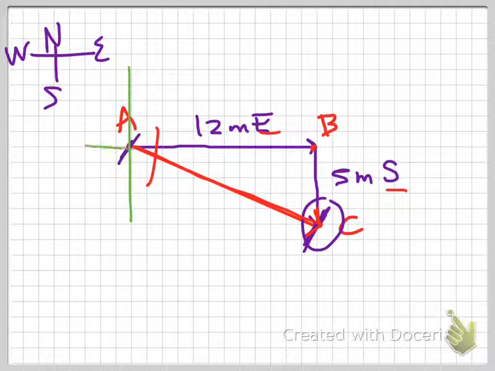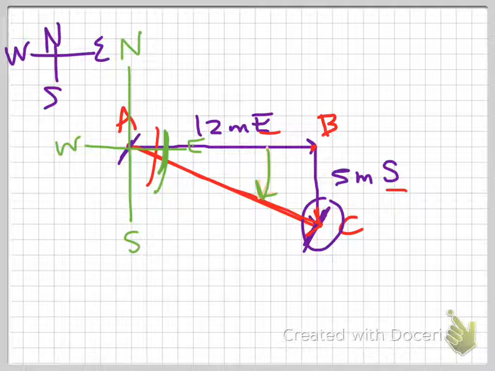I'm going to use green here. If we superimpose that compass rose on here, that vector we find is to the south from the east. We call that south of east. We know that direction of travel is south of east. We are describing this angle here. That's going to become important.